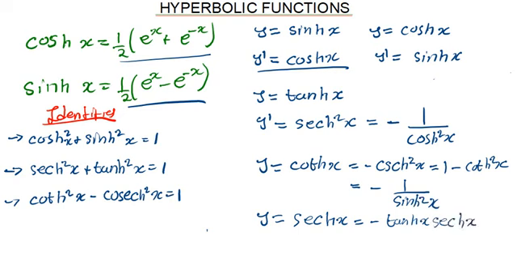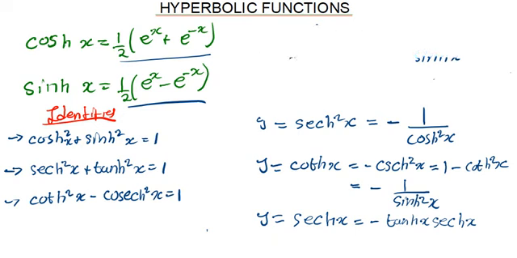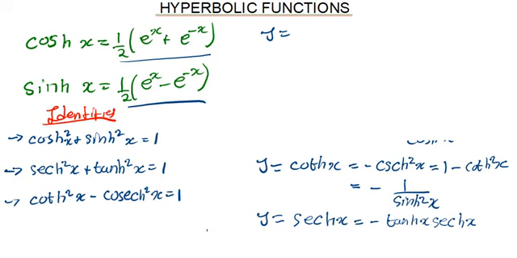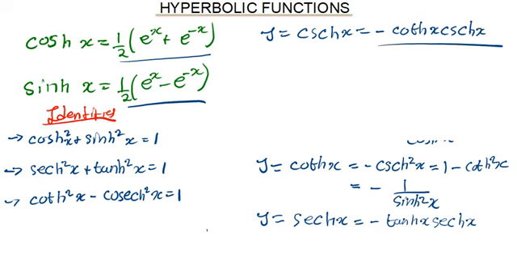I guess the remaining one is now for cosec. If we say y is equal to hyperbolic cosec of x, we are still going to get something like minus hyperbolic cotangent of x times hyperbolic cosec of x, and that's what we get right there.